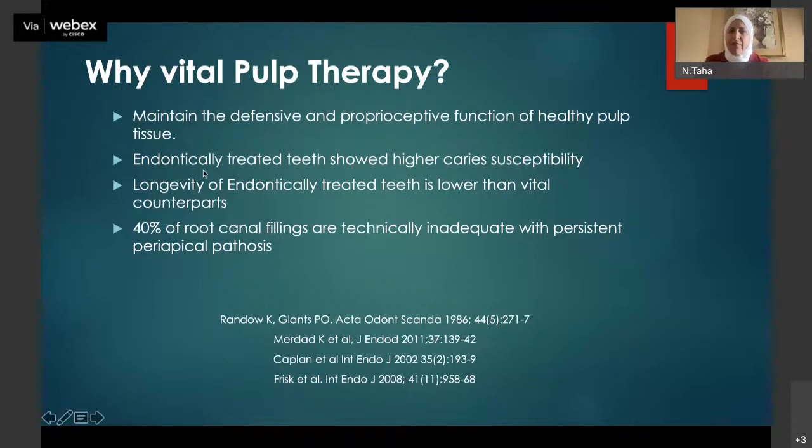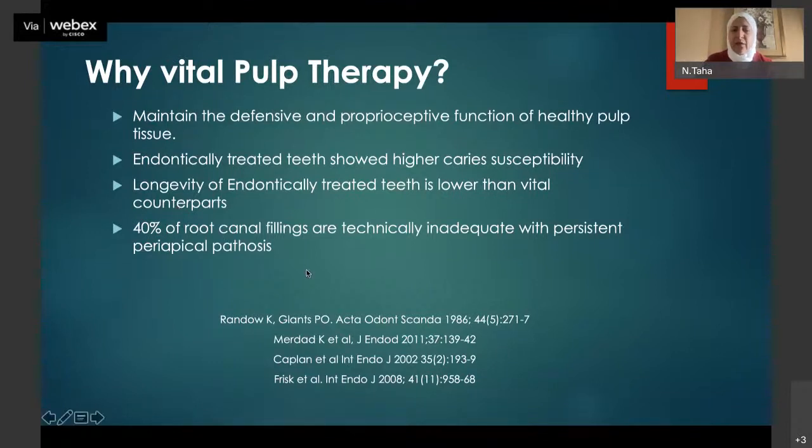Furthermore, Merdad et al. found that endodontically treated teeth showed higher caries susceptibility because caries will start in a root-filled tooth and you will never feel pain until it's too advanced and will result in tooth loss. Also, the longevity of endodontically treated teeth is actually not equivalent to that of vital counterparts.